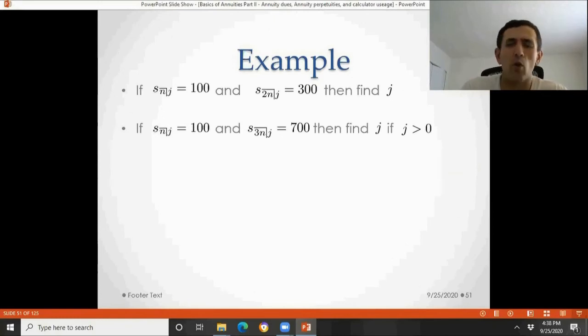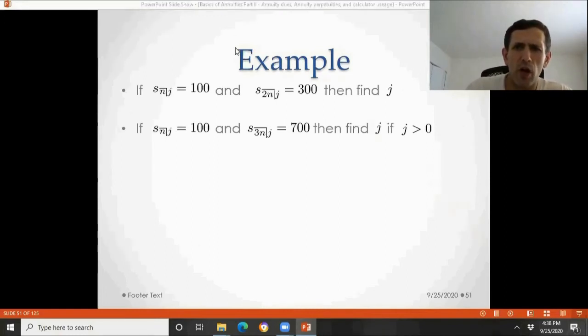Particularly stocks go up and down all the time, and you can model a stock going down by a negative interest rate. And we'll see why we need to specify j as positive. Otherwise you'll have a negative answer and a positive answer, and you would otherwise not know which one to use.